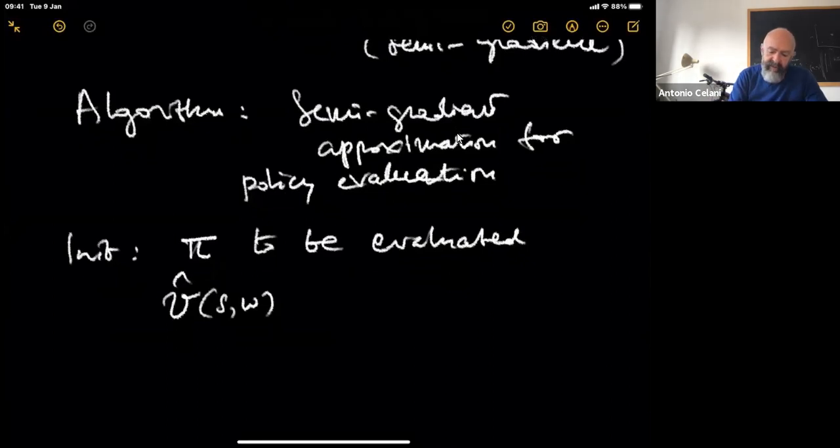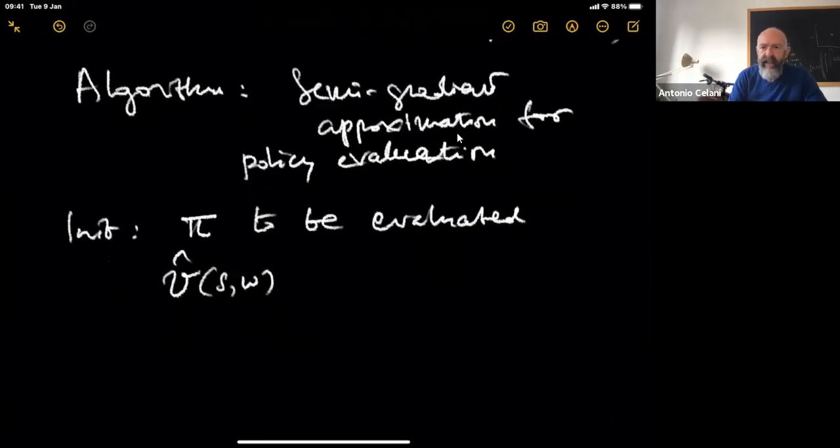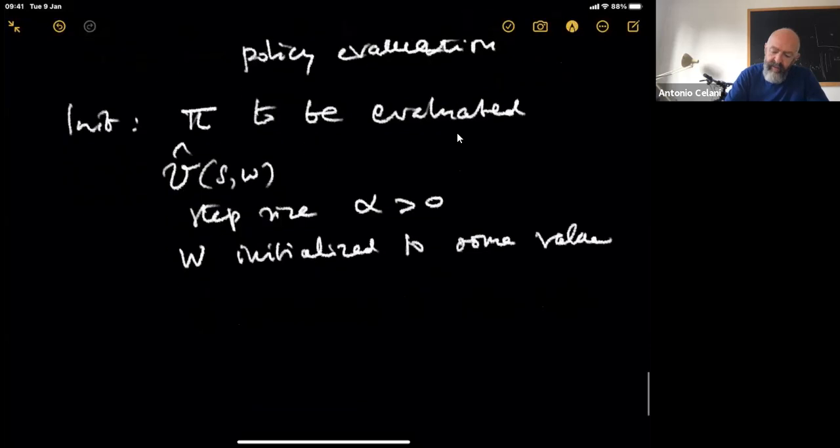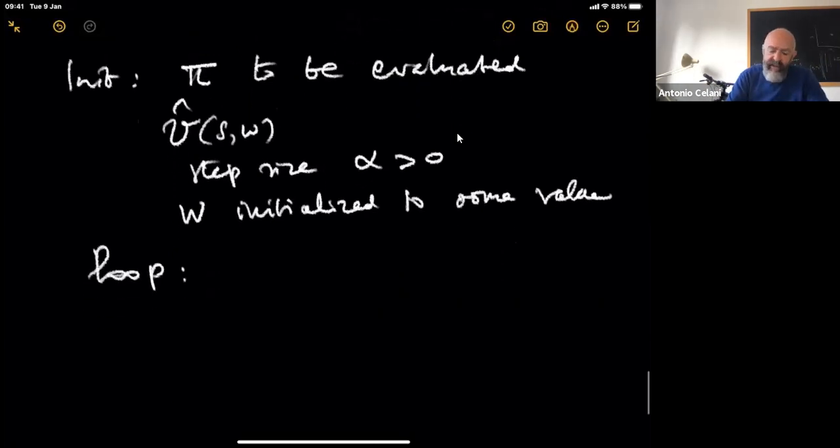Then you have the usual parameters like step size in the learning, so step size alpha, positive. And then you initialize weights. Okay, you start somewhere. If you're linear, it doesn't really matter. If you're non-linear, it might be important. And then you loop over the following set of operations.